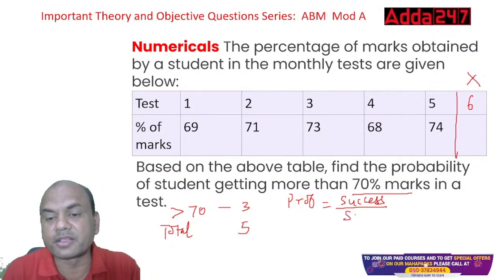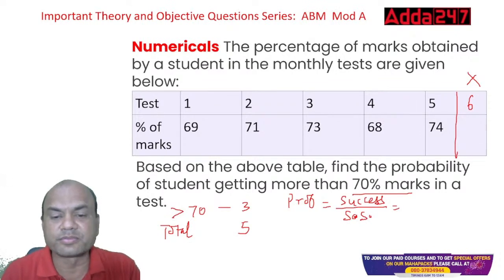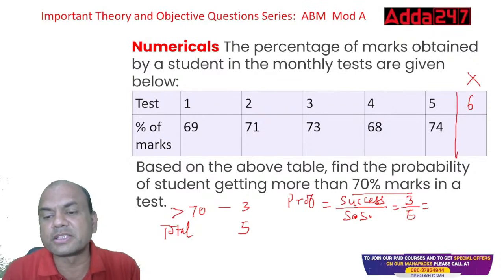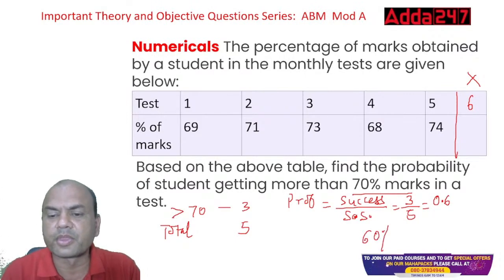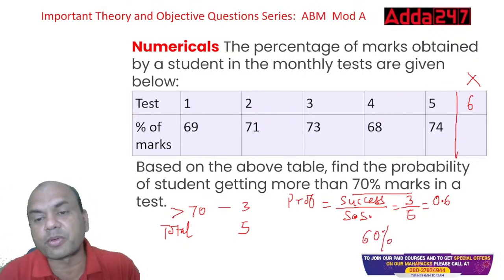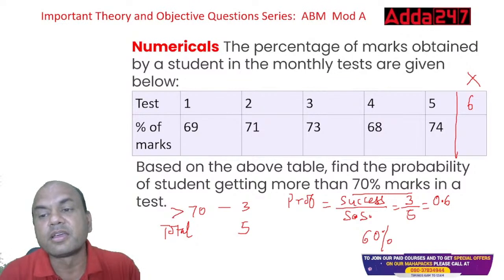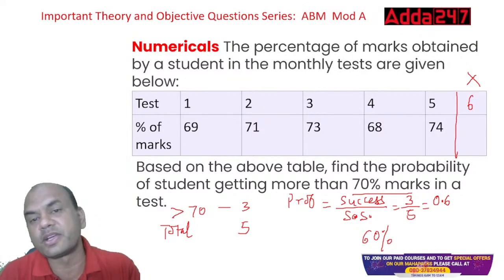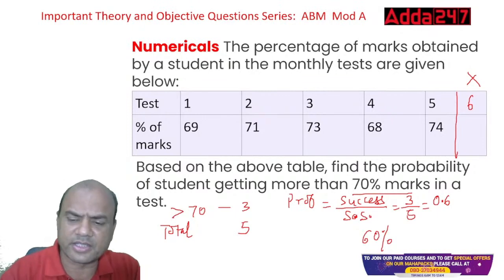Success is 3, sample space is 5. So my answer will be 3 by 5, or 0.6, or 60%. So there is a 60% probability that the student will get more than 70 in test number 6. That is the answer, isn't it?